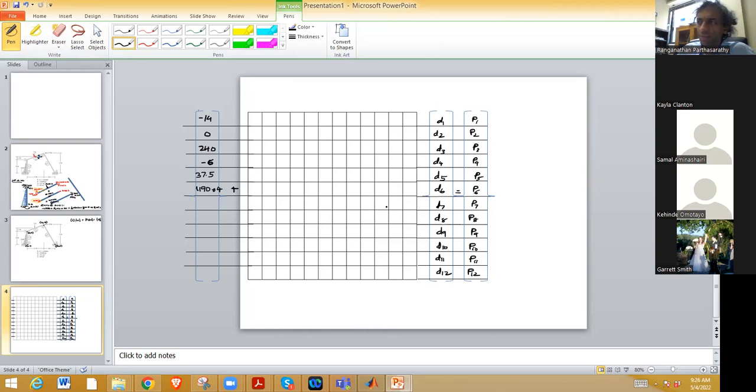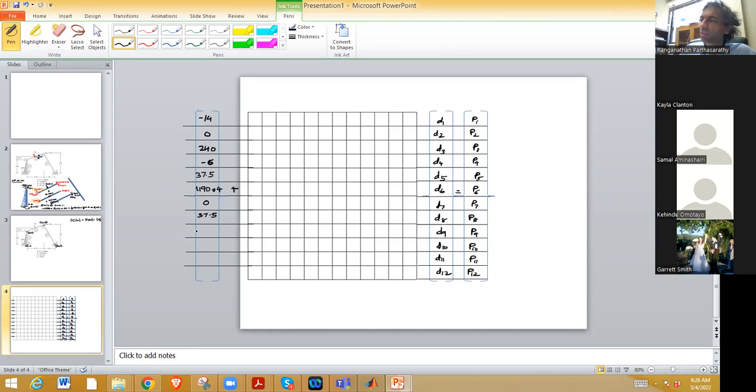Now let's come to joint 4 or node 4. First you have horizontal force. Horizontal force is nothing, so put 0. Vertical force you have 37.5, so put 37.5.